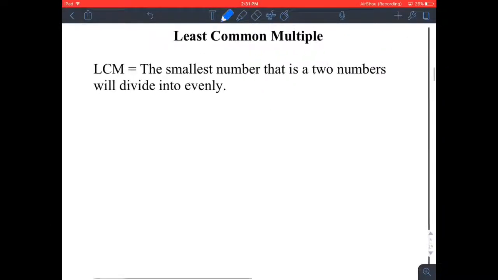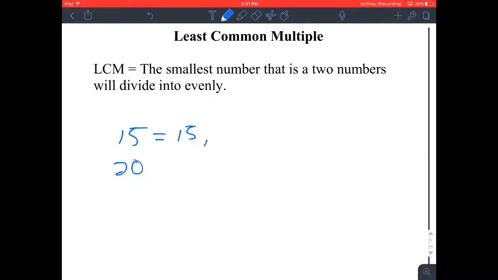Least common multiple. That's the smallest number that two numbers will go into evenly. So for example, let's say that we had 15 and 20.